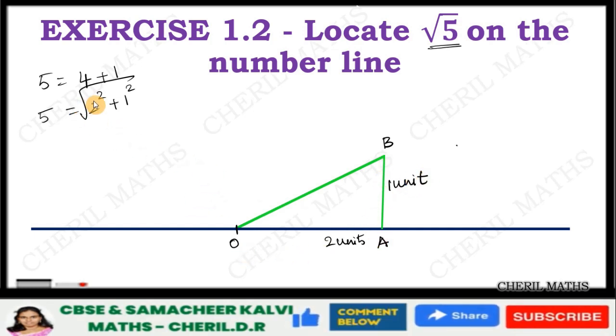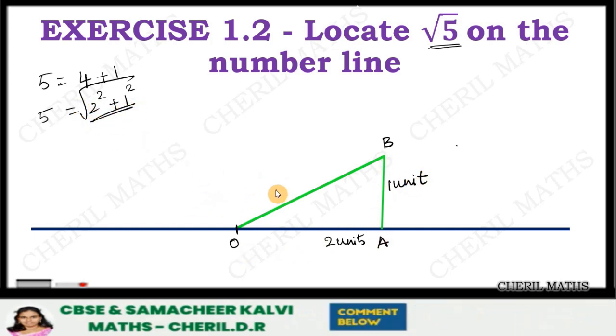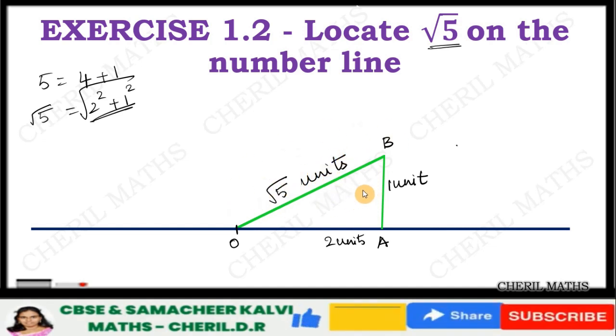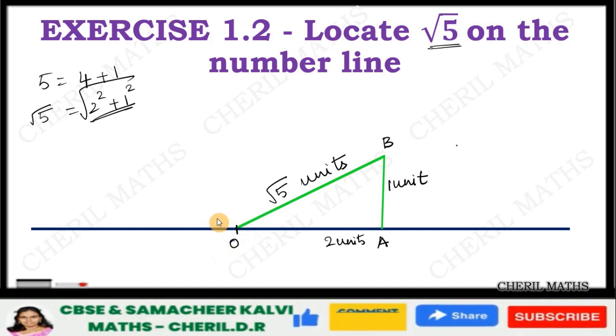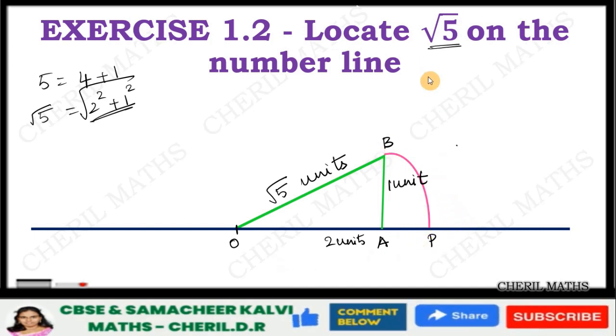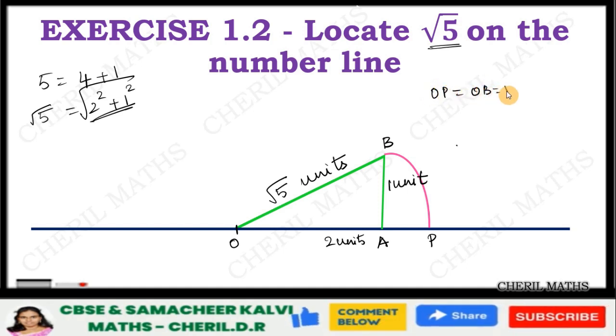So this will give me what? Root 5 units here. Is it clear, children? So for root 5, now what should we do? With O as center and OB as radius, you are going to draw an arc wherein it will cut the number line at P. So you will get OP is equal to OB is equal to square root of 5.